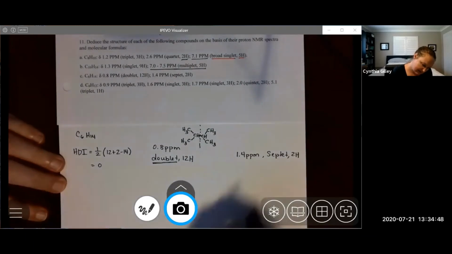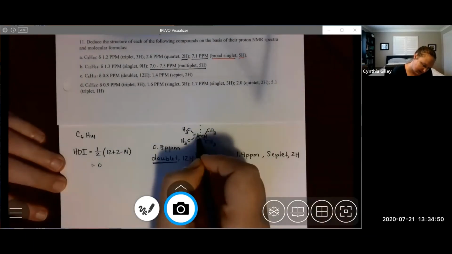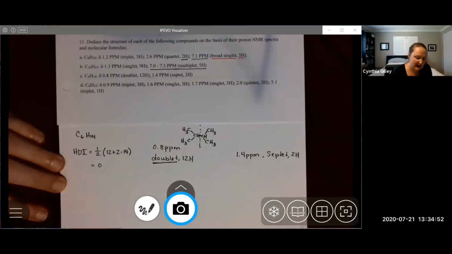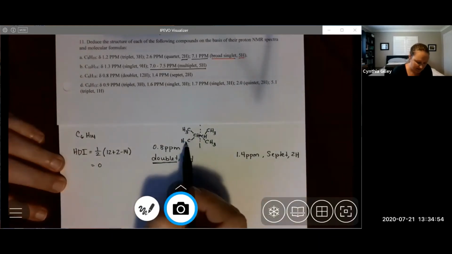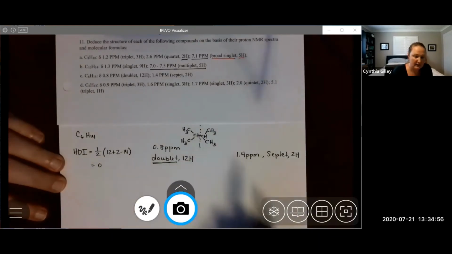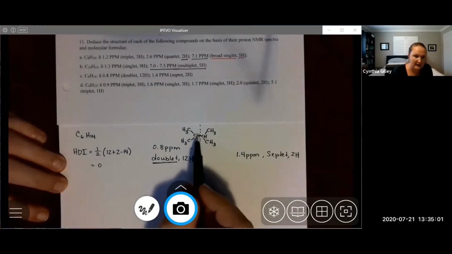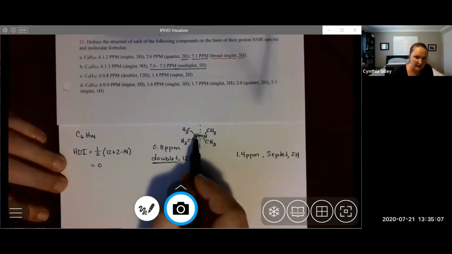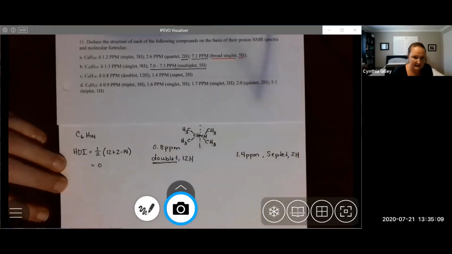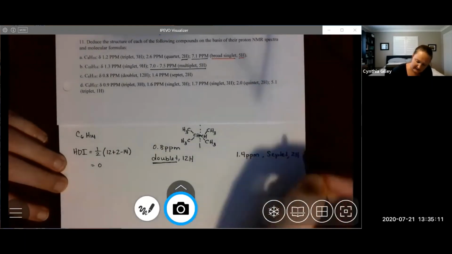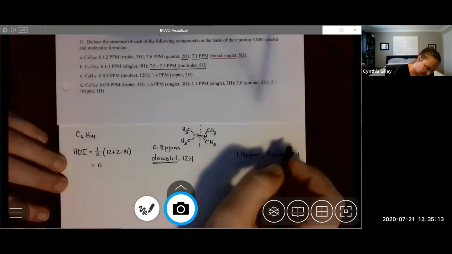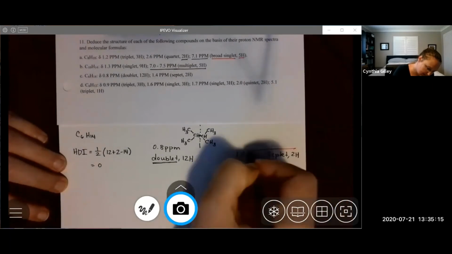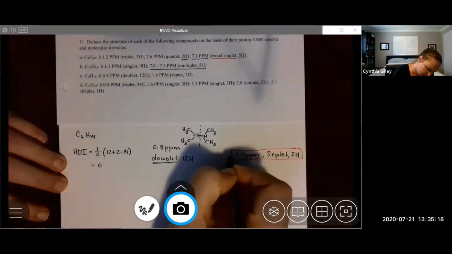And then septet would mean that this hydrogen has 6 neighbors. You might be thinking, doesn't it have 7 neighbors, like if you include this one? But remember that equivalent hydrogens, and these are equivalent by symmetry, equivalent hydrogens don't split one another. So it actually doesn't see this neighbor. Instead, it just sees this 6. So it makes sense that this would be these CH groups, right?